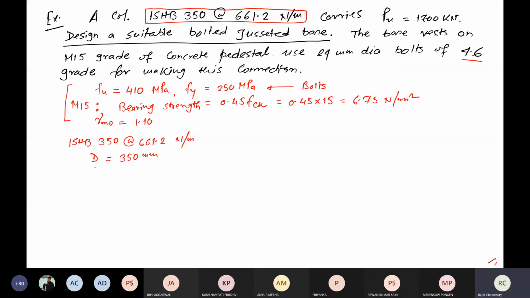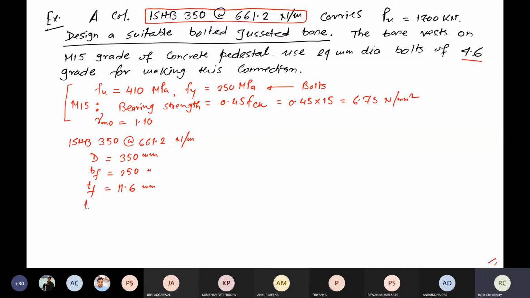The flange width BF is 250 mm. The flange thickness TF is 11.6 mm.